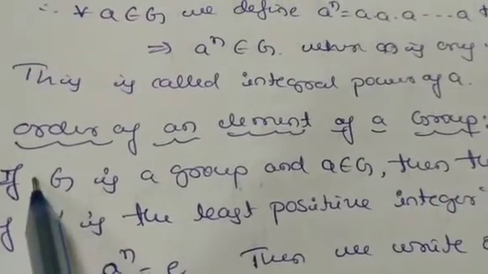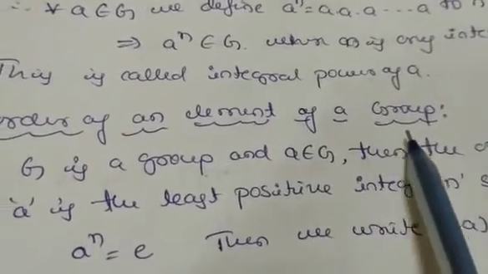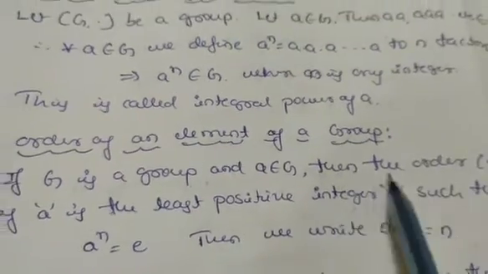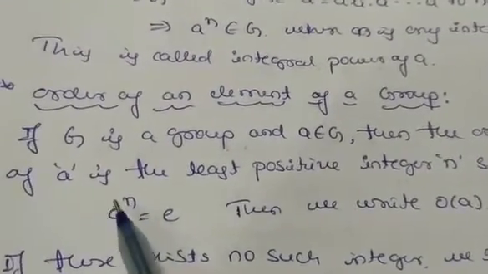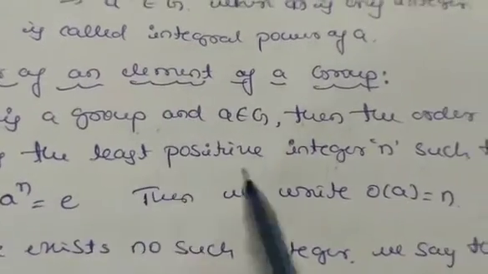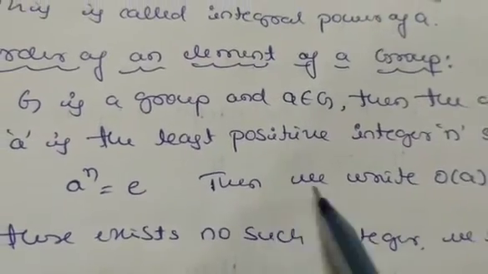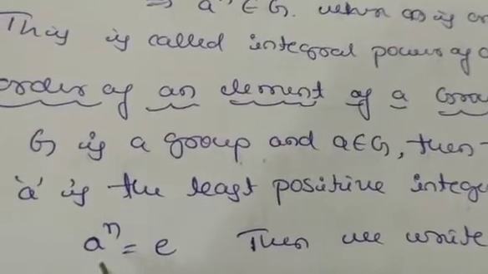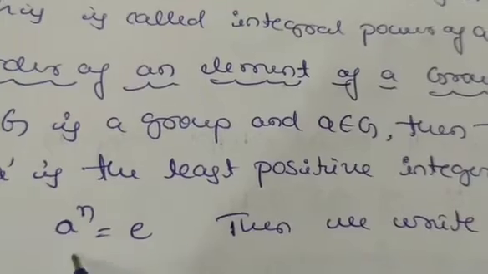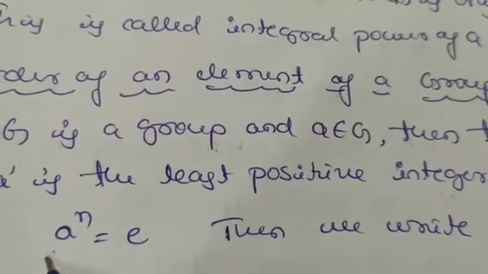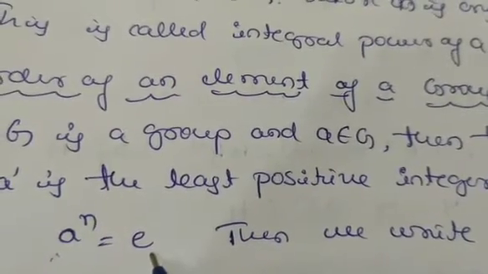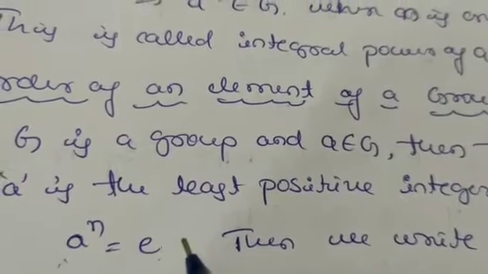Take one more definition, a very important definition: order of an element of a group. If G is a group and A belongs to G, then the order of the element A is the least positive integer N such that A raised to N is equal to E. Then we write this as order of A is equal to N. So it means that the order of an element can be obtained only when A raised to N is equal to E, where E is the identity element.